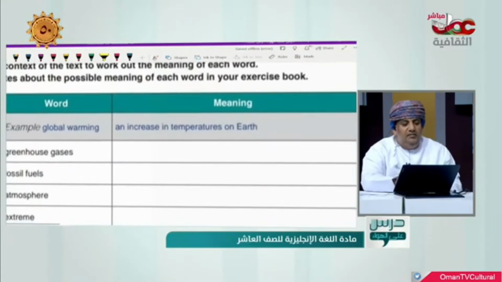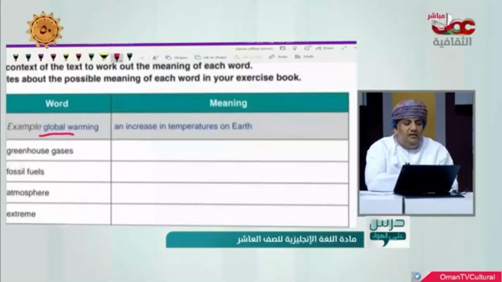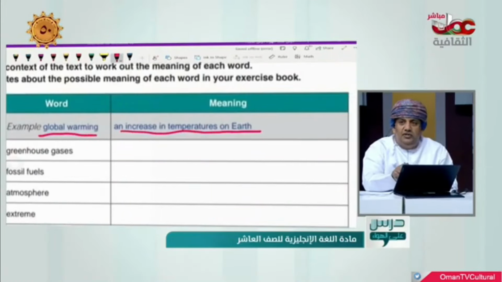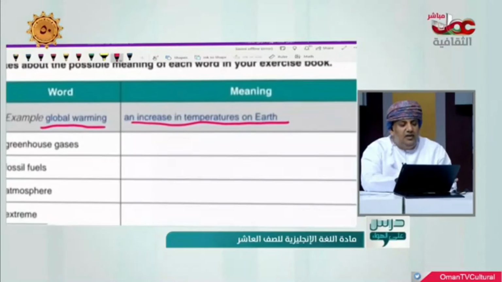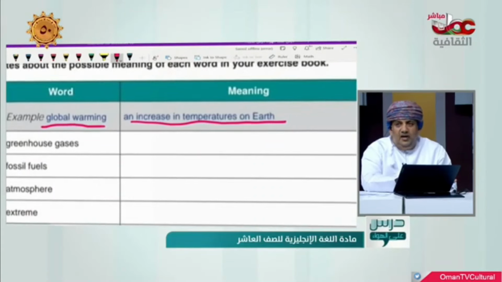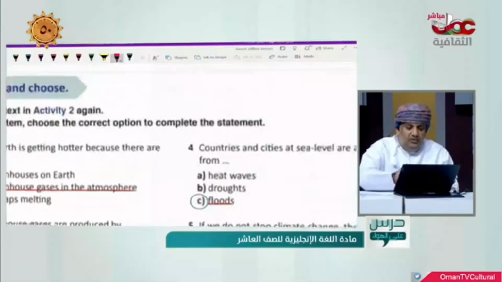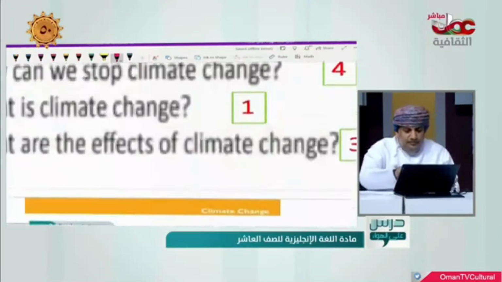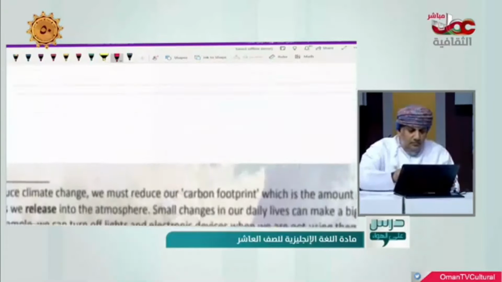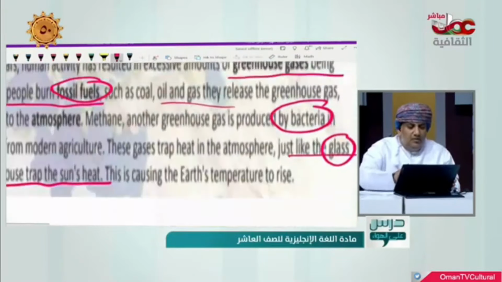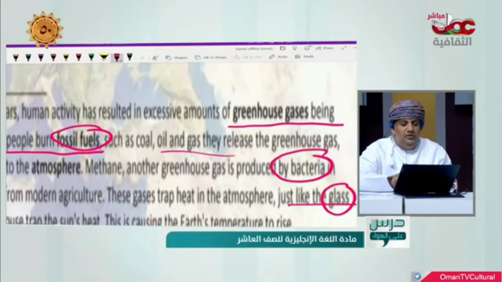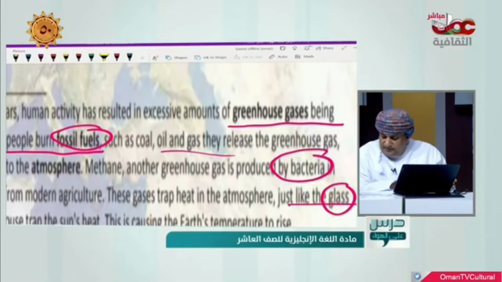So here we have an example: global warming. It means an increase on temperature in Earth. So let's look at number 2, greenhouse gases. I think it's on paragraph number 2. Let's go back to paragraph number 2. Yes, paragraph number 2. So let's read it together.